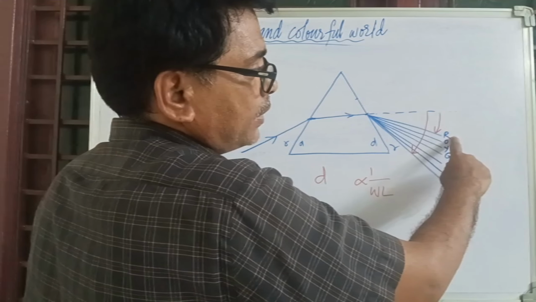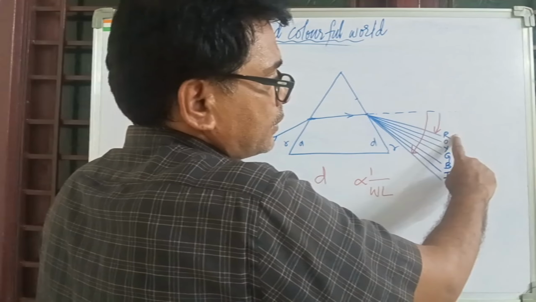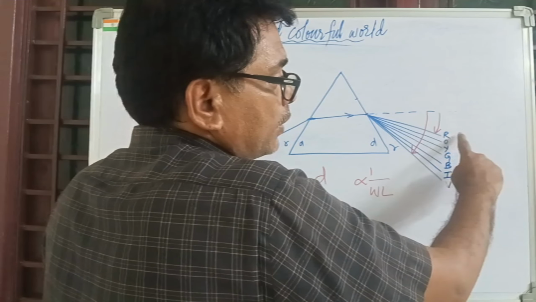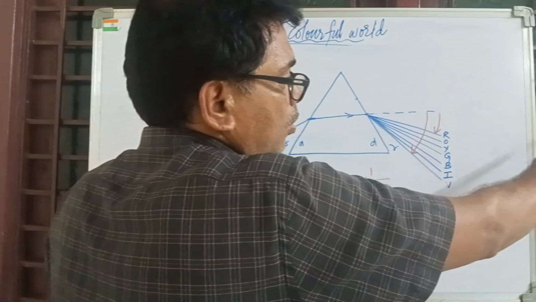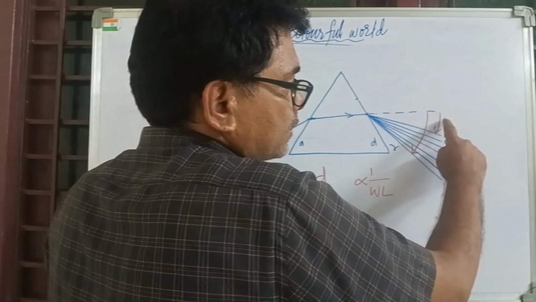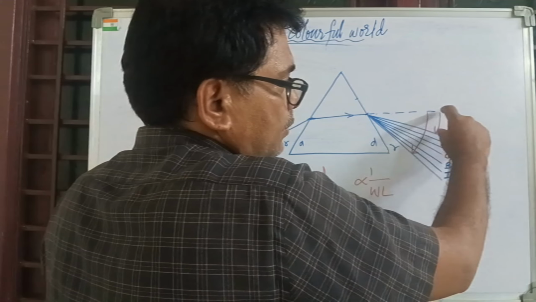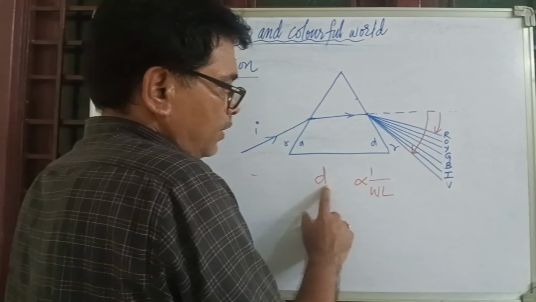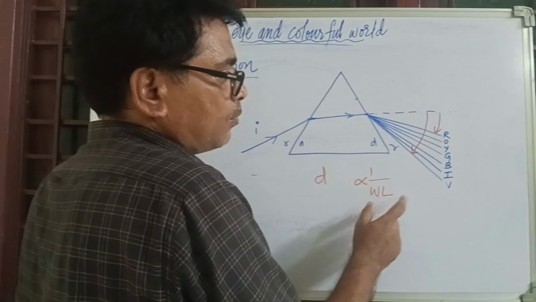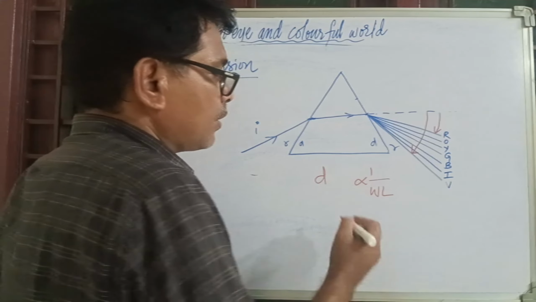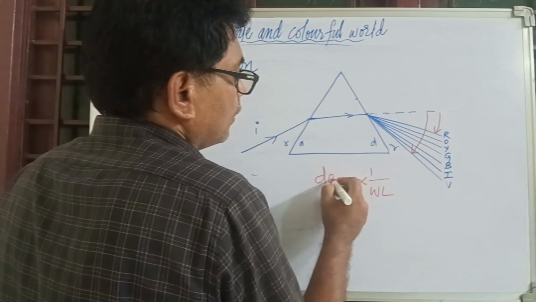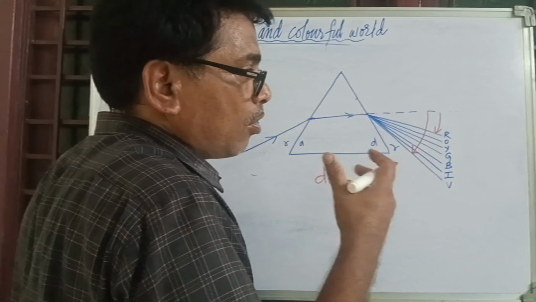Everybody knows that red is selected as the sign of a danger signal, because its wavelength is more. It can be seen from a long distance. Now what is its character? Deviation is less. That means whichever has less deviation, its wavelength is more. In the same manner, red's deviation is less, its energy loss is also less.